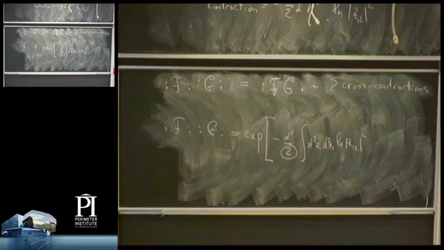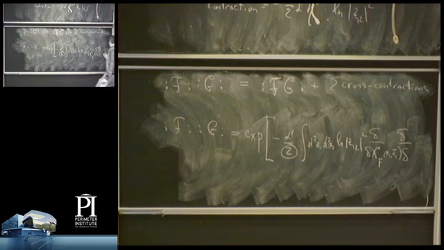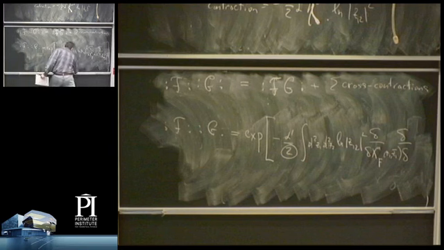And now I have delta over delta x mu subscript f of z1, and delta over delta x mu subscript g of z2. And this whole guy acts on the normal ordering of f and g.